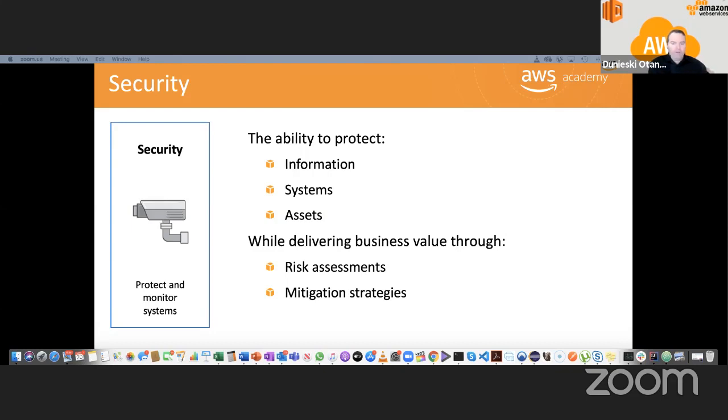And while delivering business value through risk assessments and mitigation strategies, you have to have some sort of strategies to be able to identify the risks that you may run along the way, and be able to mitigate if something happens like a disaster. Or let's say that someone tries to hack your account.